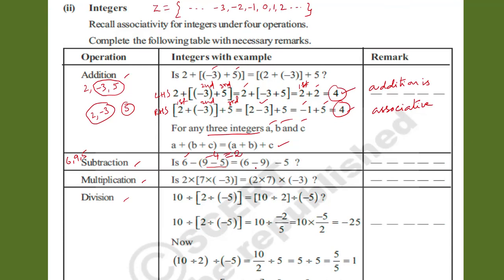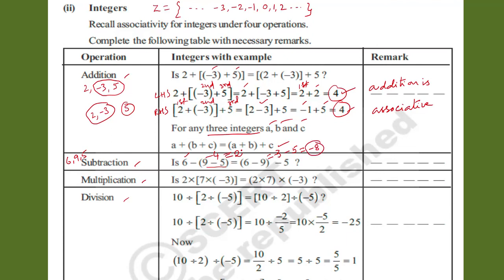In the same manner, in the RHS part, first we subtract 6 and 9. That gives us minus 3. What is the third number? 5. Minus 3 minus 5 gives us minus 8.